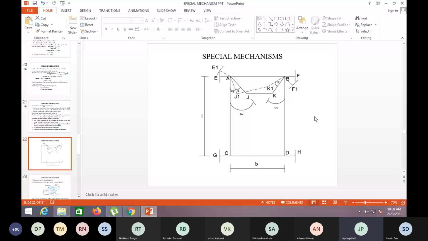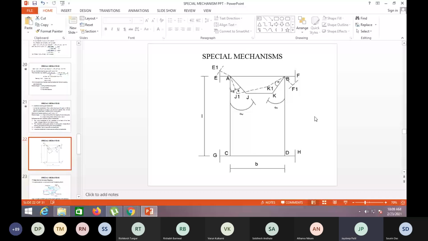Sometimes there is a question in the university question paper: derive the condition of correct steering gear mechanism, and how the Ackermann steering gear mechanism differs from the Davis steering gear mechanism. You have to write down 4 points. First, draw the figure. In Davis, the whole mechanism is located in front of the front axle, and in Ackermann it is located behind the front axle.